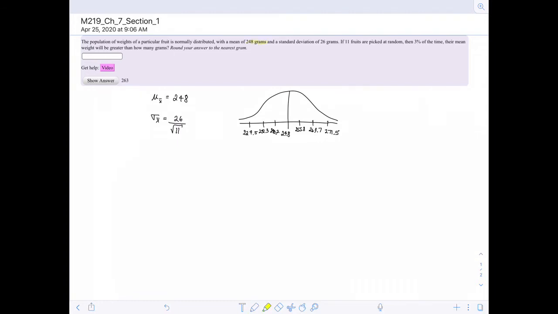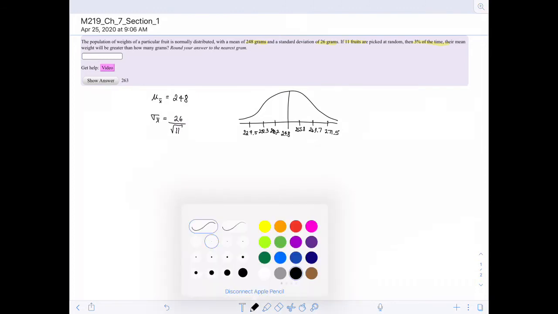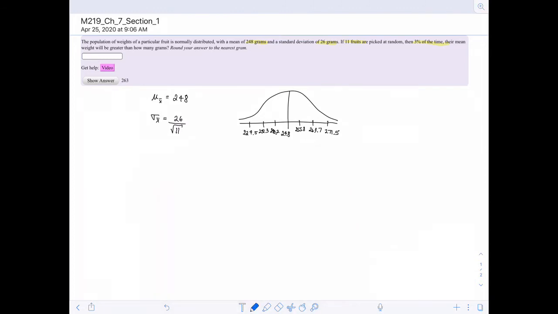So given the information, if 3% of the time their mean weight will be greater than how many grams? So 3% is like a tail, and it's greater than how many grams?